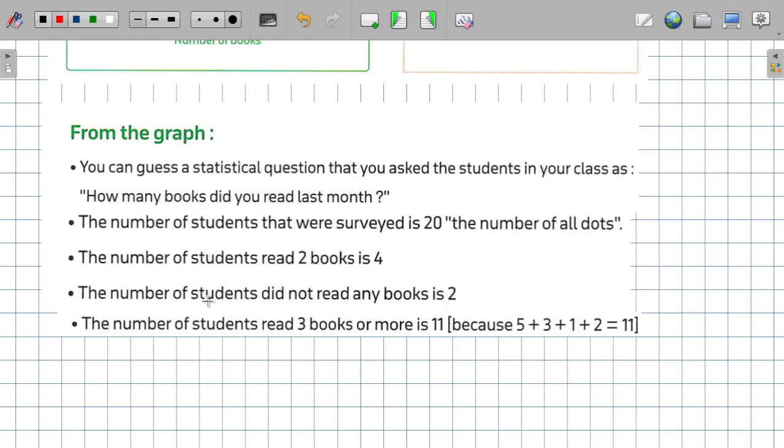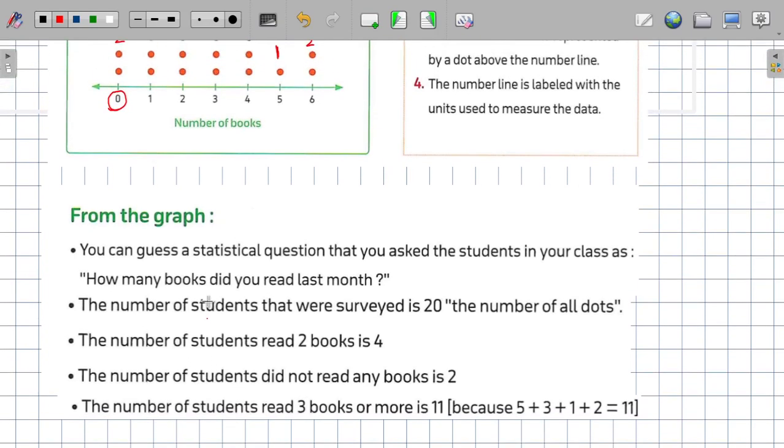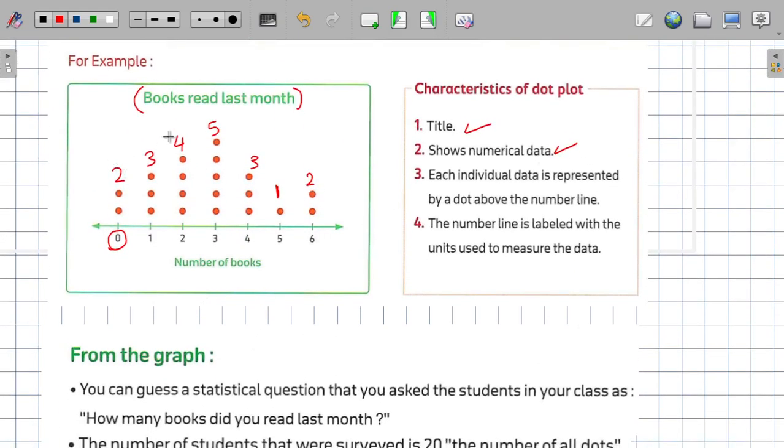Okay, so from the graph we can guess a statistical question that we asked the students in our class, like, how many books did you read last month? And from the graph we can also know the number of students that were surveyed, and it will be 20, because I have here 2 plus 3 plus 4 equals 9, 9 plus 5 equals 14, and 14 plus 3 equals 17, 17 plus 1 equals 18, and 18 plus 2 equals 20.